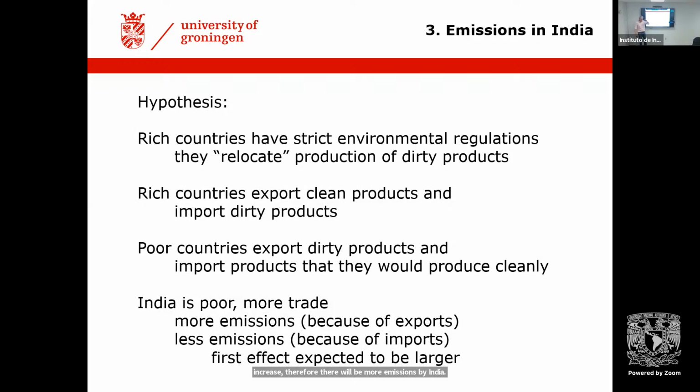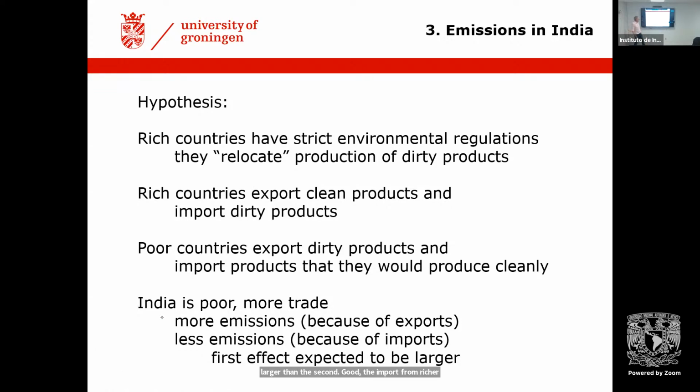So therefore, there will be fewer emissions in India because they import. But we think that according to the pollution haven hypothesis, the first effect, exporting dirty products, is larger than the second effect, because they import from richer countries.